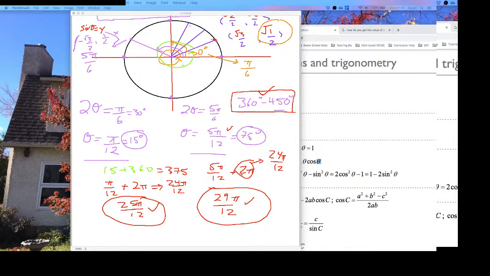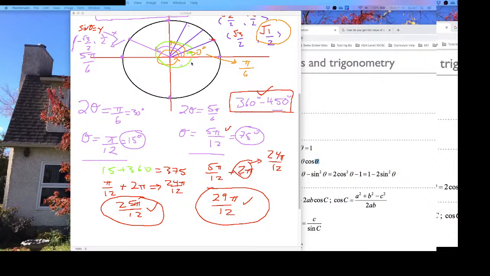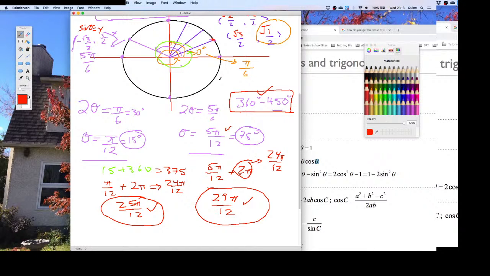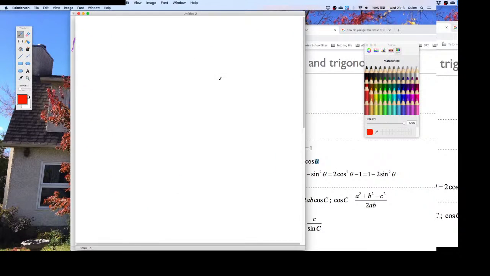I'll create a clean unit circle, Sam, so that you can see what I was doing. I'll just show you a simple idea, and then maybe you'll be like, oh yeah, that's what you did.